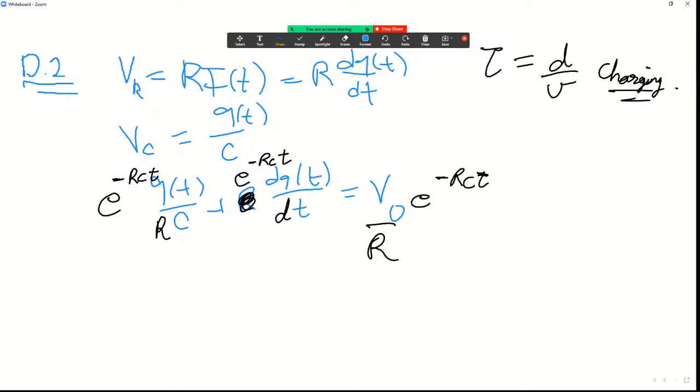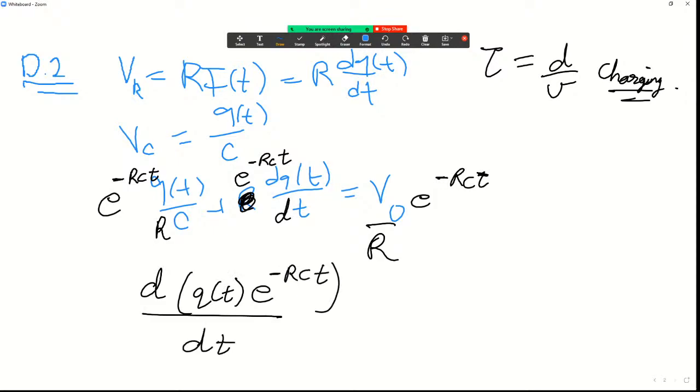Here we have d of Q(t) times e to the power RCt by dt equals V naught by R times e to the power minus RCt.